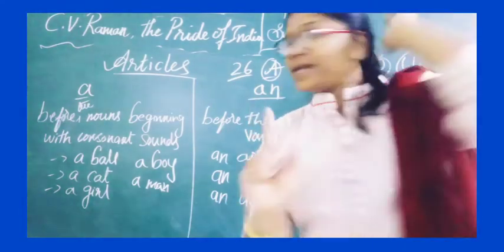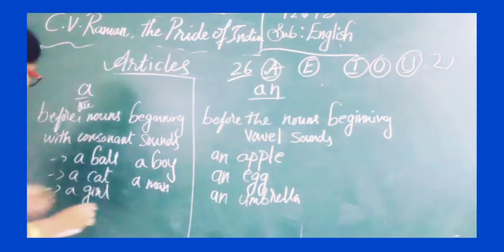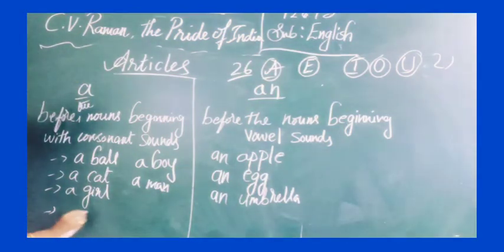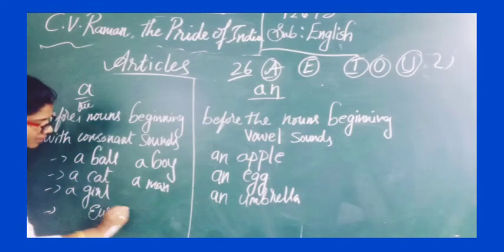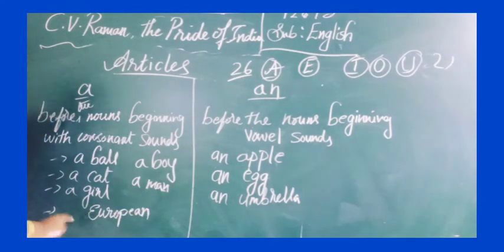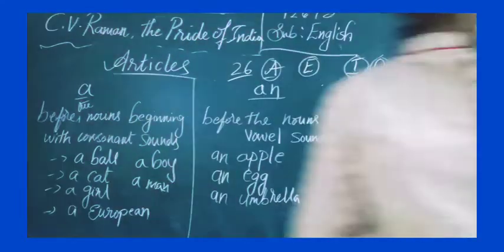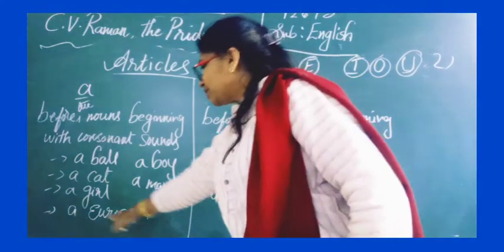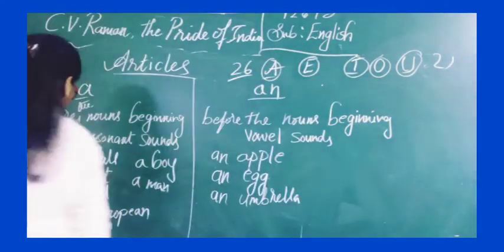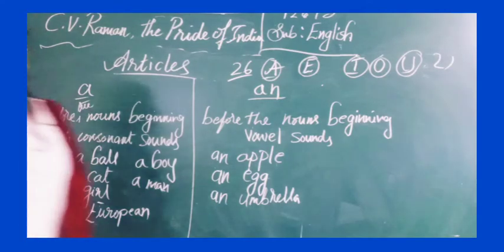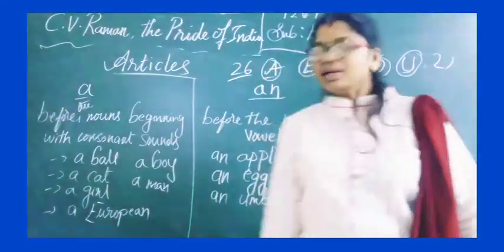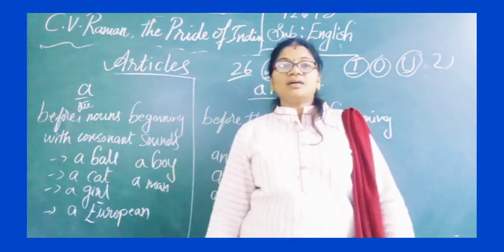Are you following me? Now, for example, let's take European. Why have I written a European here? A European I have written because European, though it starts with E, begins with a consonant sound.